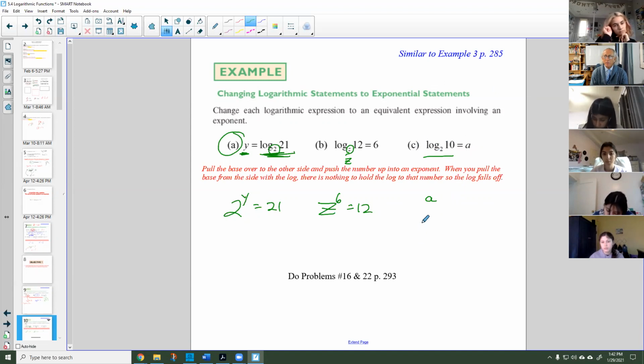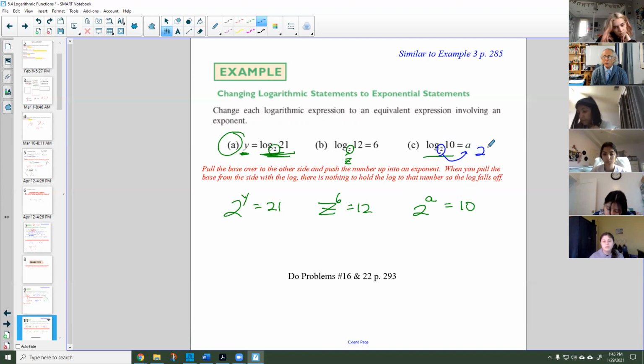Is it going to be the 2? That's right. So 2 to the a is equal to what? Log 10? Not log 10, just 10. So what's going on here is the base is going over to the other side and putting the exponent on its shoulders.